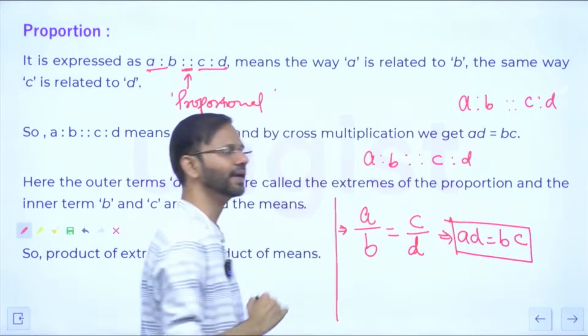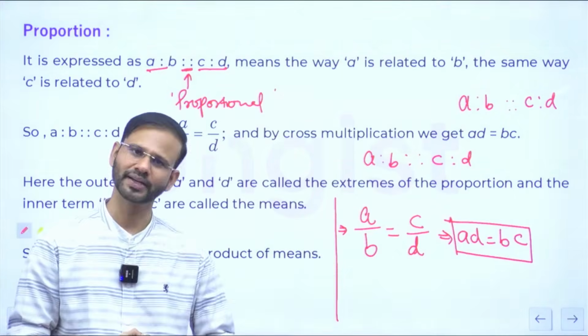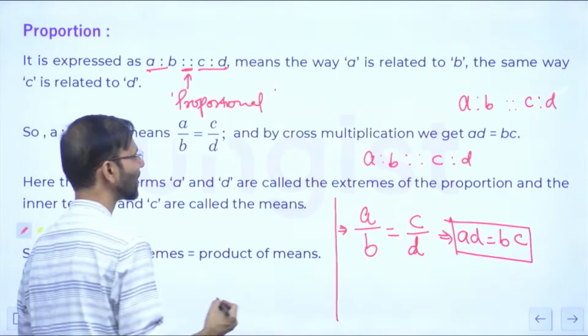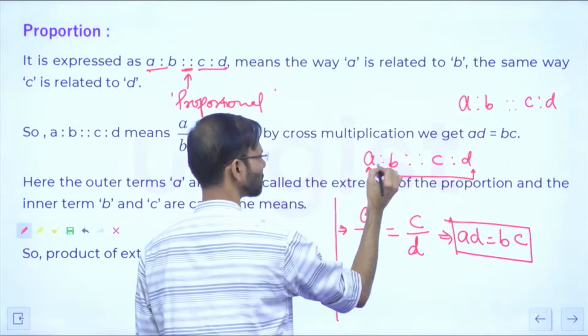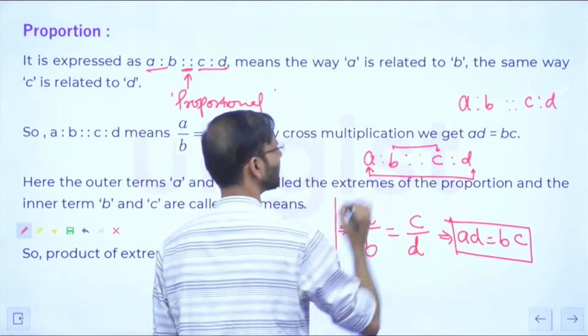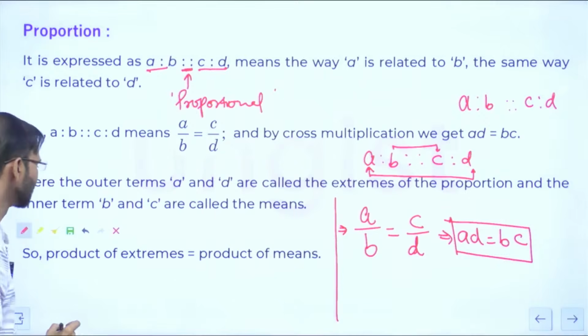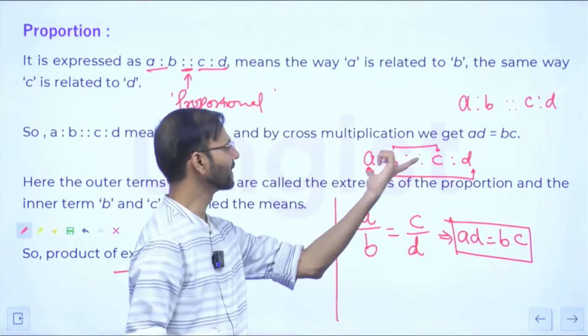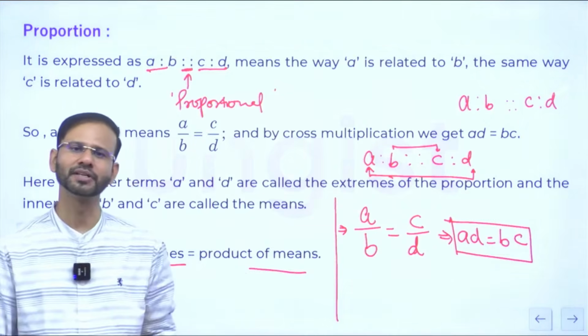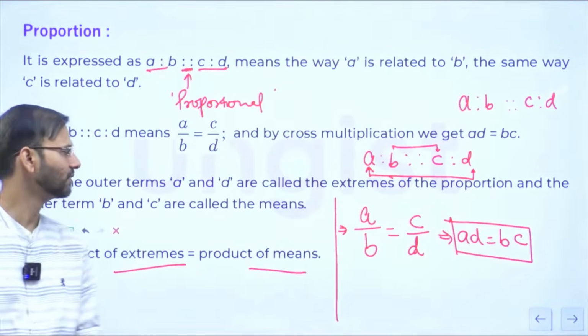Everyone fine now? AD becomes BC, right? These two terms are known as extreme terms and these two terms are known as mean terms. So the product of extremes is equal to the product of means, right?